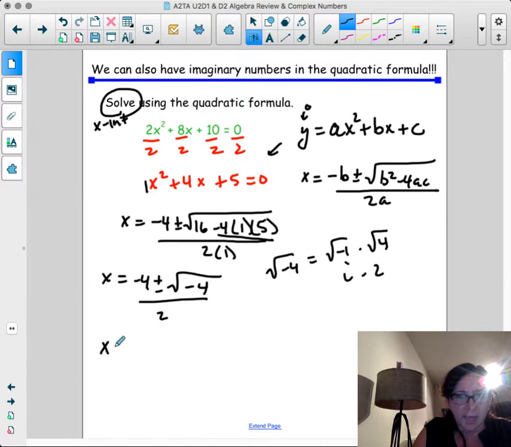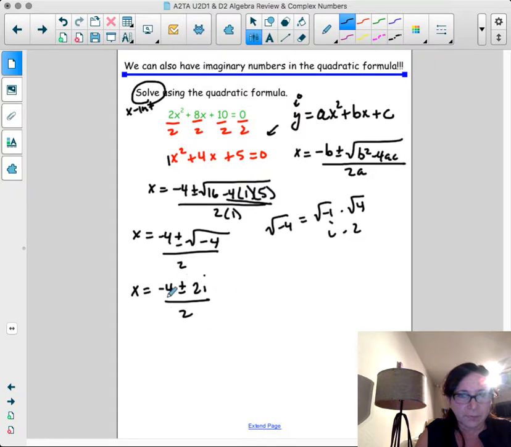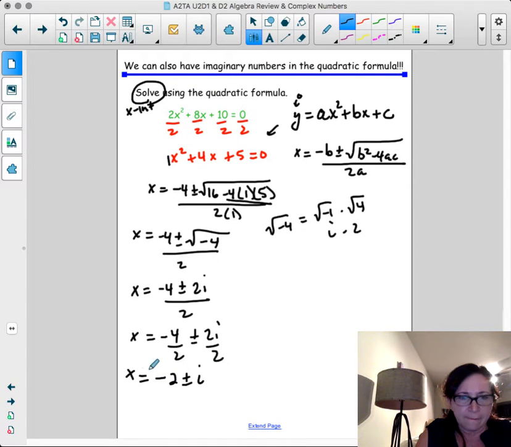So what we really have here is negative 4 plus or minus 2i over 2. And I can even simplify that more and make that negative 4 over 2 plus or minus 2i over 2, which becomes negative 2 plus or minus i.